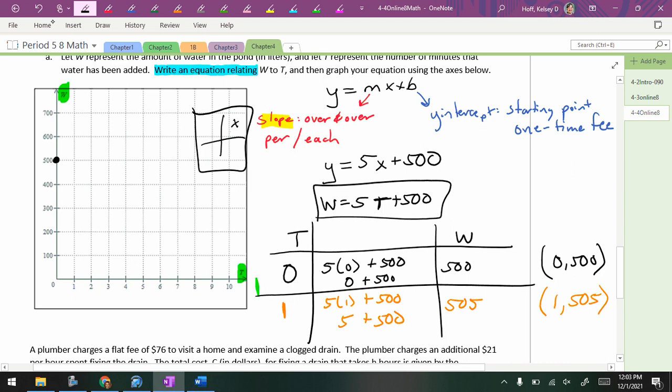When you click it, it pops up and says, what point do you want to plot? So you type in 1, 505, hit plot, and it will put it on the graph for you perfectly. Now, really, it's going to be just above this other one, right? Then don't forget to take the line tool and connect the 2 dots there.